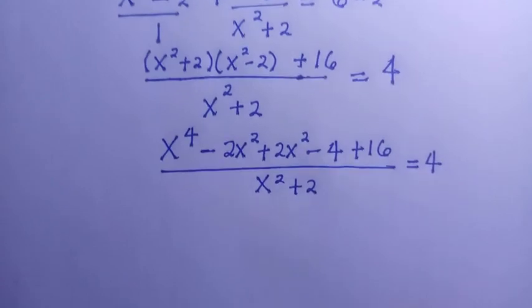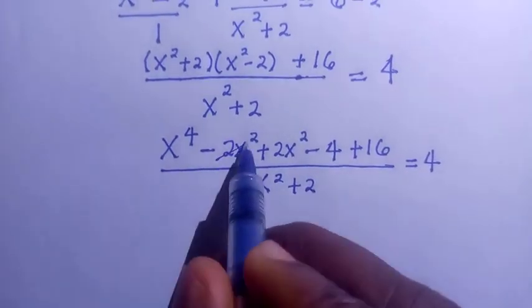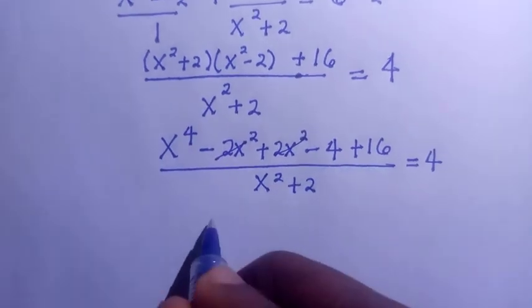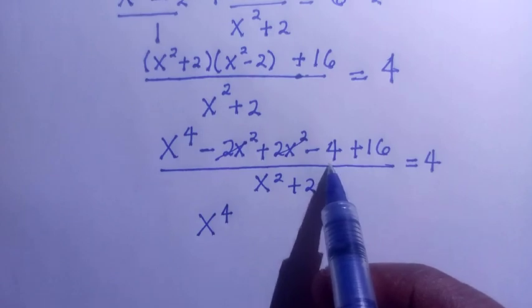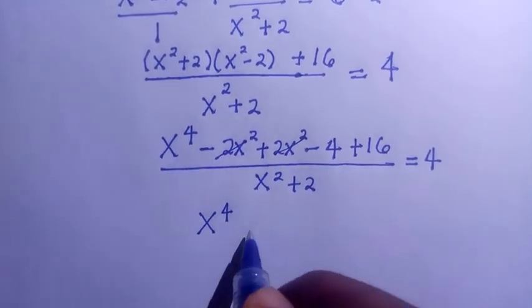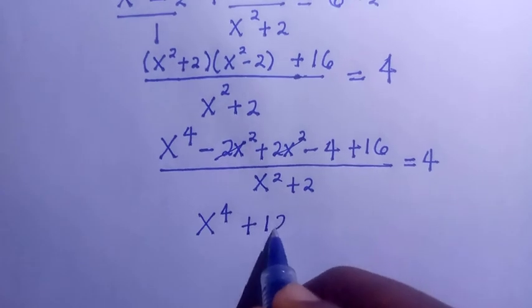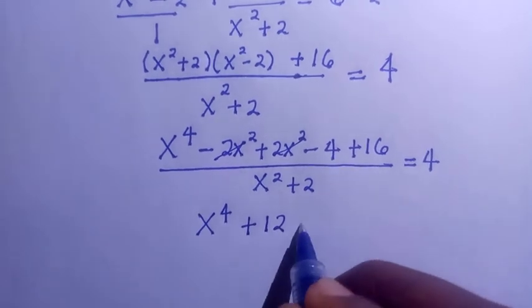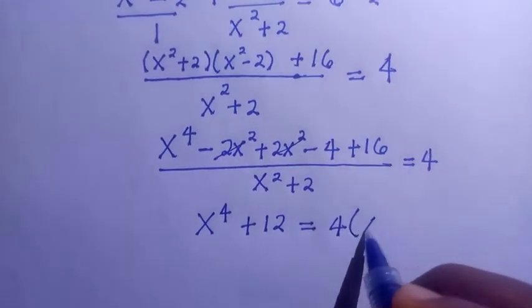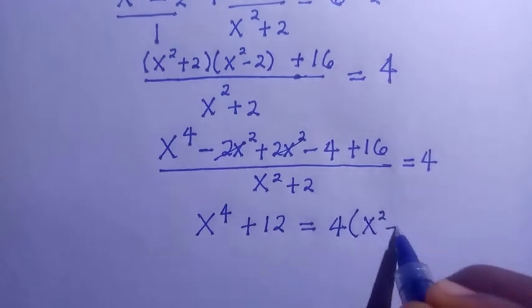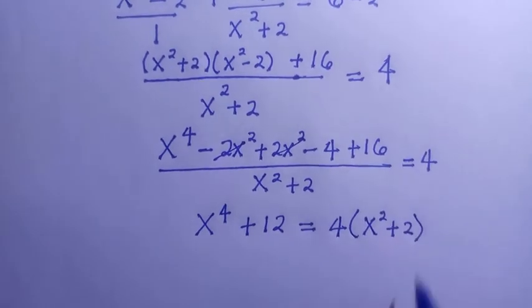So after having what we have here, we know that this cancels this. Then we have x to the power of 4. So here minus 4 plus 16, that gives us plus 12. Then when we cross multiply, everything will be equals to 4 into bracket of x squared plus 2.